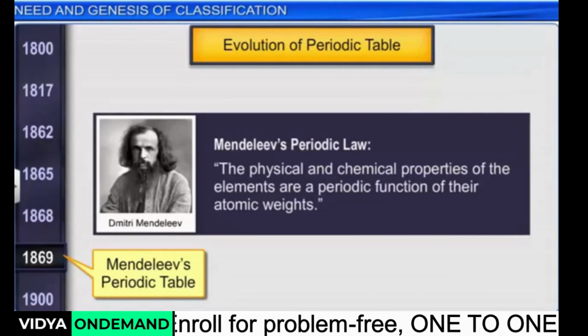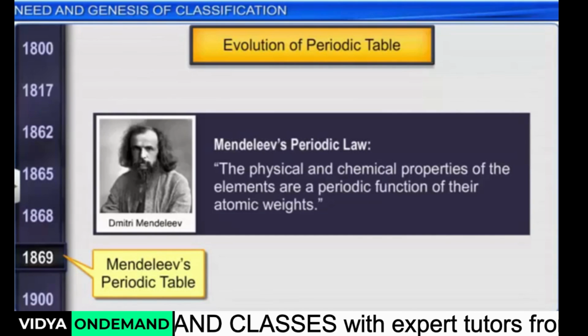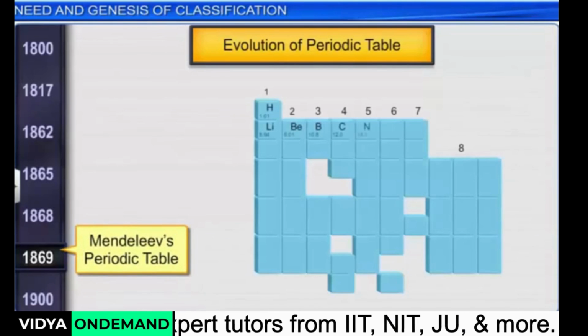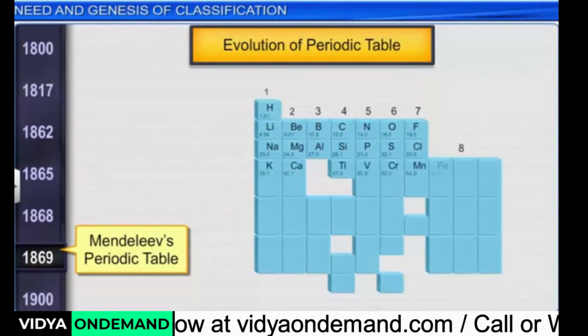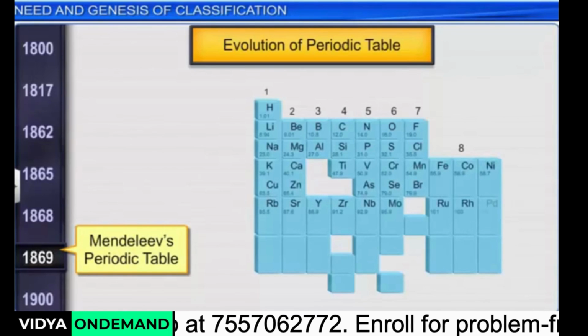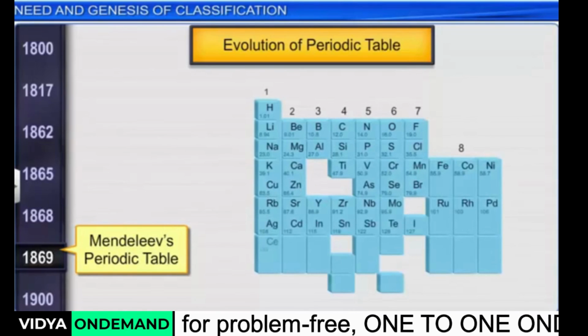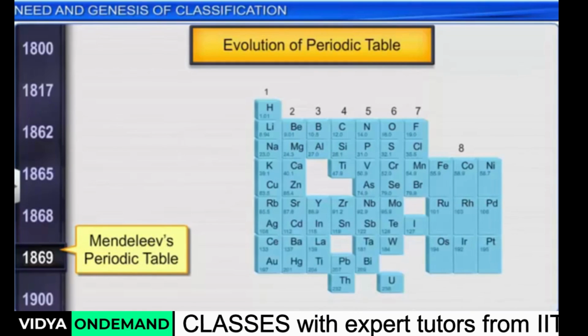Mendeleev created the periodic table by listing the elements in a row in order of atomic weights and starting a new row when the characteristics of the elements began to repeat. This resulted in the arrangement where the elements with similar properties occupied the same vertical column.